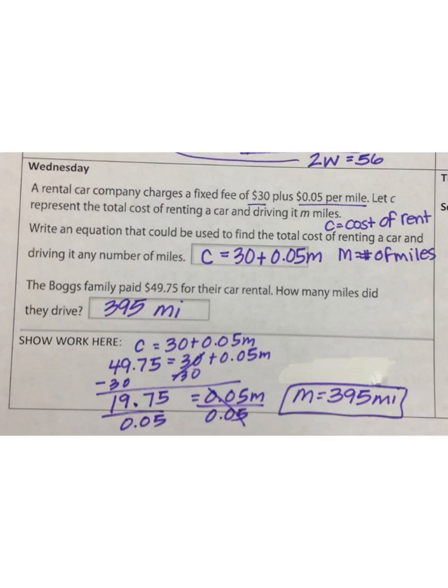So first, my important information: there's a fixed fee of $30 and there is 5 cents per mile. C is the cost of renting the car, and then M is the number of miles. So for my equation, the cost of renting a car, C, would be that fixed $30 fee, the one-time fee, plus 5 cents per mile; per means to multiply.